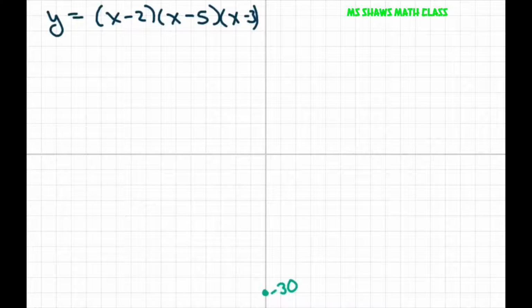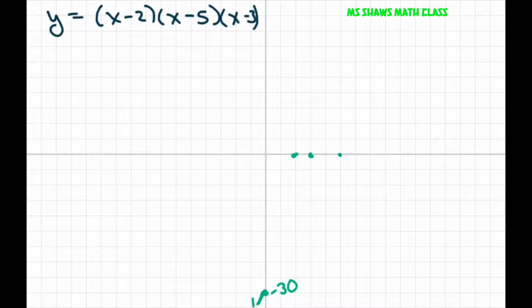Our zeros are at negative 2, 3, and 5. Right here. And we're supposed to start in quadrant 3 here. So we're starting down in here.